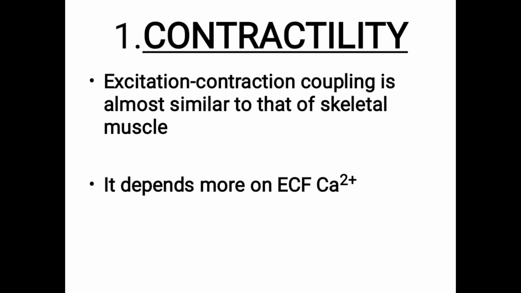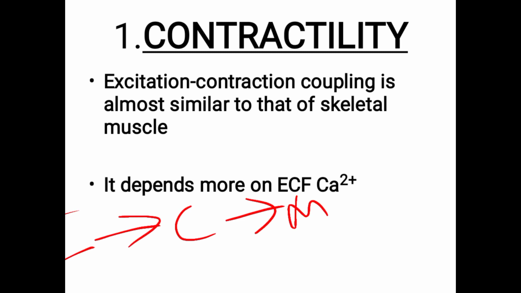When the muscle receives the impulse, it shows excitability, it gets excited. After that it will show a response, like contractility, the contraction. So understood? Contraction and relaxation.